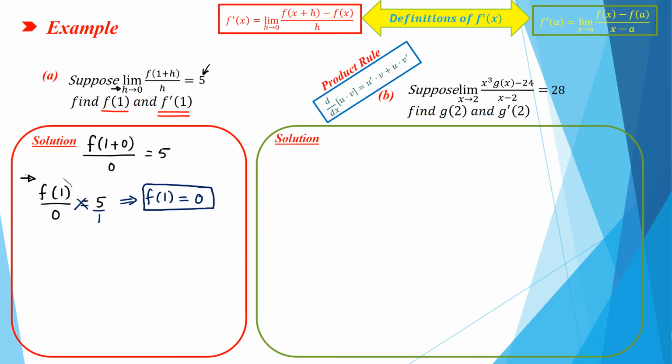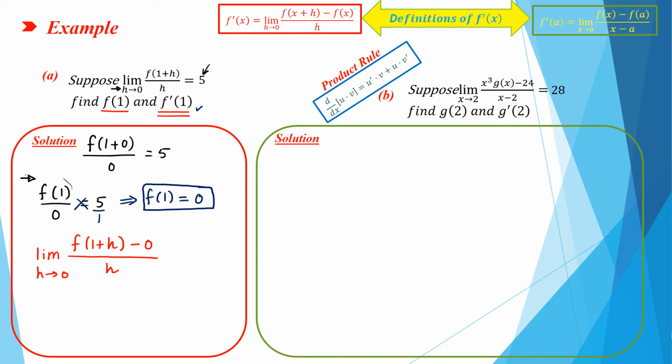Now you have to find f prime of 1. So you have to rewrite the limit in this order. We have the limit of f of 1 plus h divided by h when h goes to 0. We can write minus 0 here, because if you add or subtract 0 from anything, it will be the same.